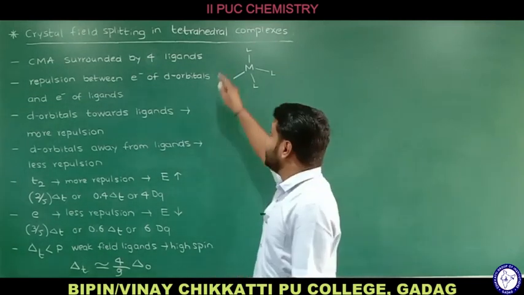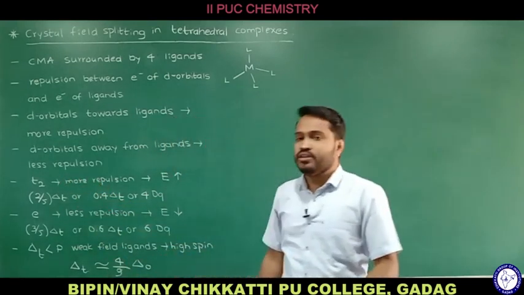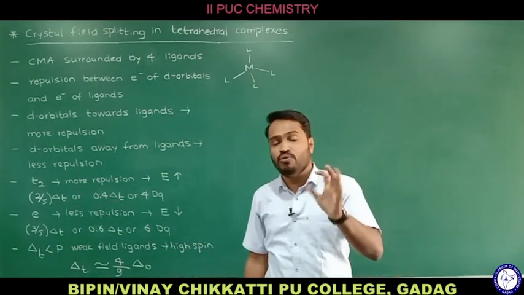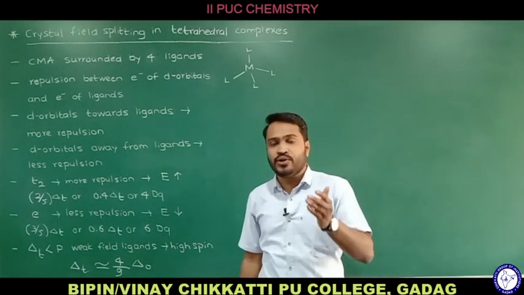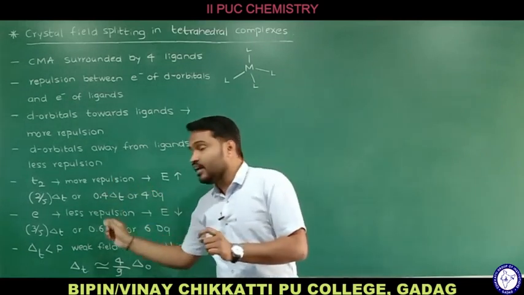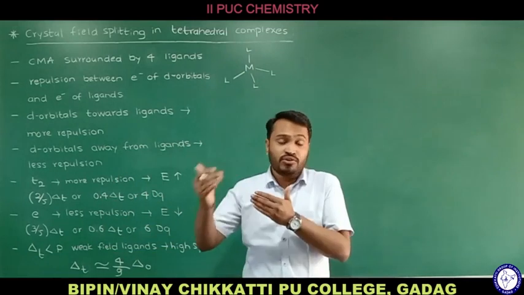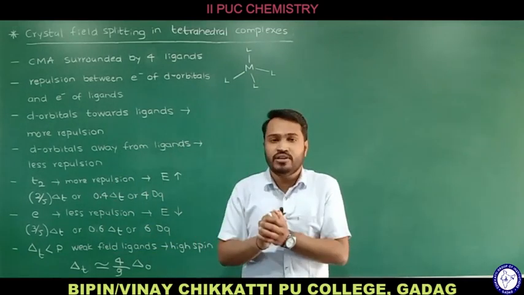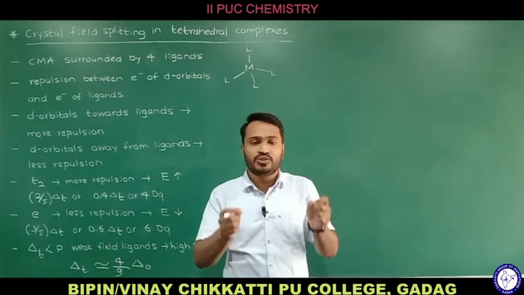Remember that in a tetrahedral complex, the T2g atomic orbitals experience more repulsion, whereas the Eg atomic orbitals experience less repulsion. This is exactly opposite to the octahedral complex, where Eg orbitals experience more repulsion and T2g orbitals experience less.